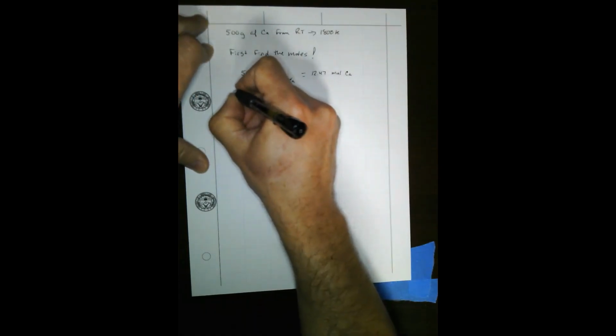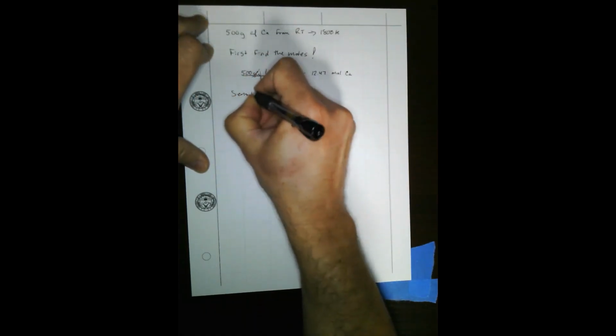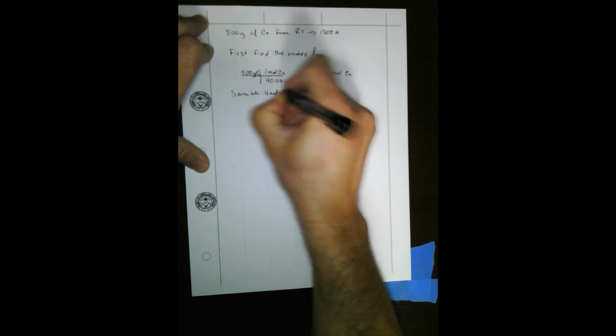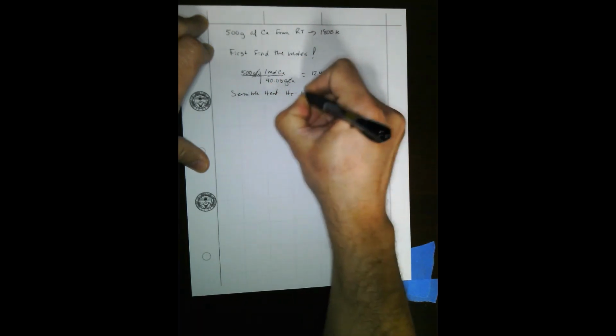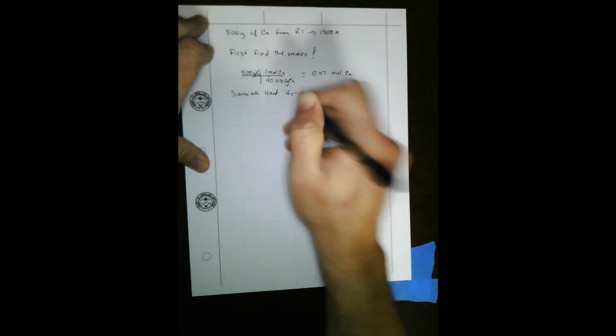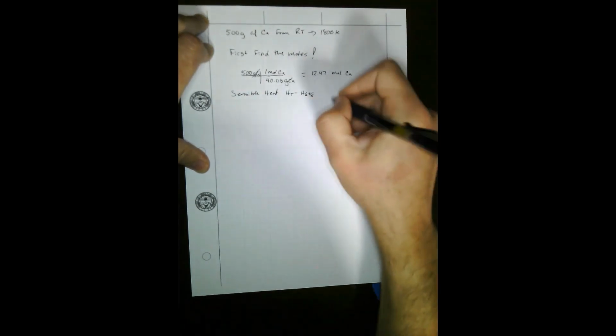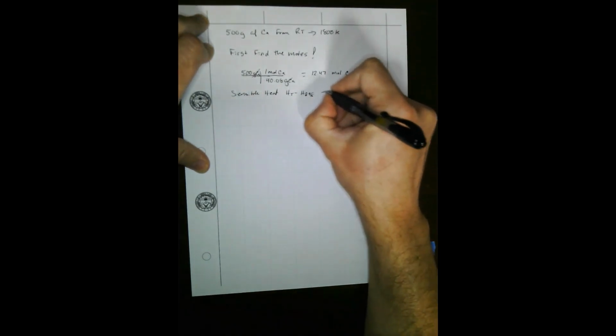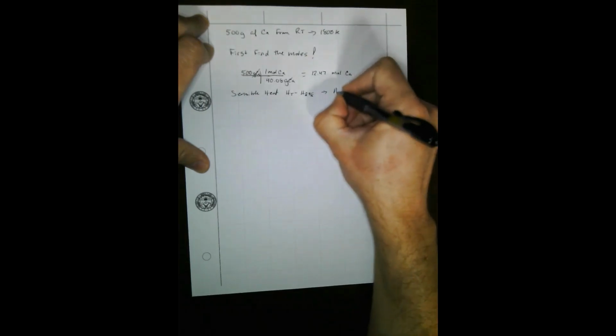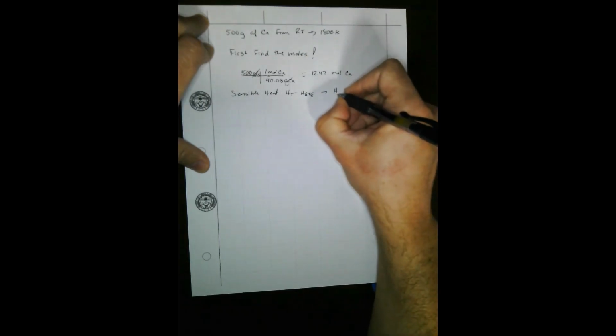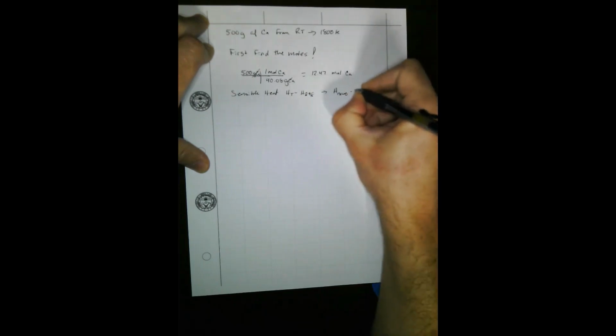Now the sensible heat, which is denoted by H2 minus H298, we can rewrite as H1800 minus H298 if we want to be proper, because we're getting the sensible heat of calcium at 1800 Kelvin since we raised it from room temperature.